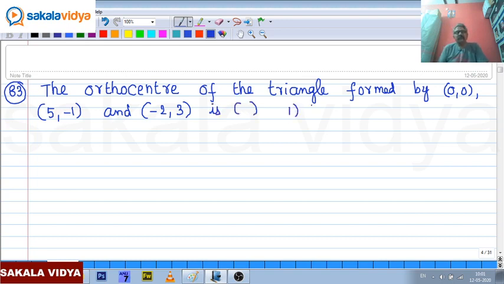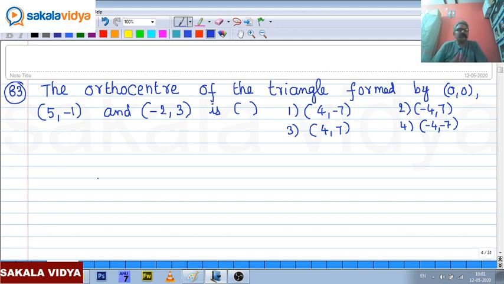First option 4, -7, second option -4, 7, third option 4, 7, fourth option -4, -7.